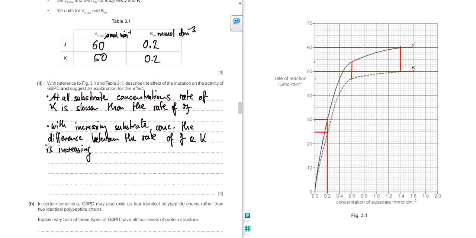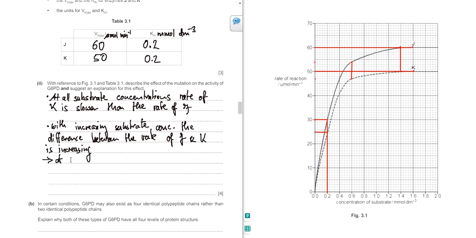In questions like these, we always get free marks by stating specific values to support our descriptions that we have given here. So we can use the two differences that I have mentioned already.